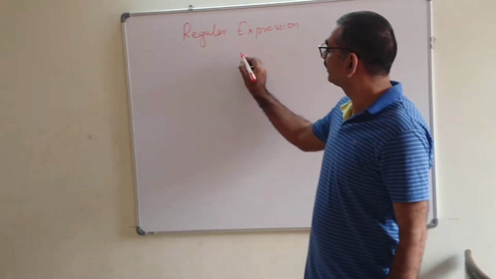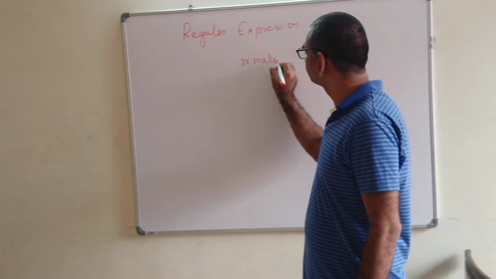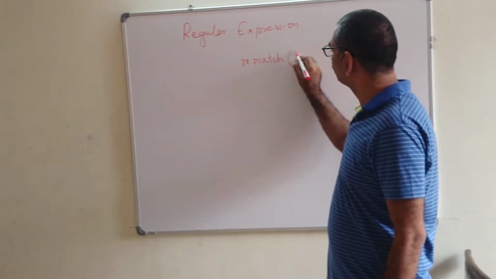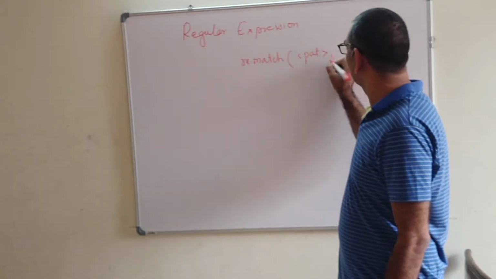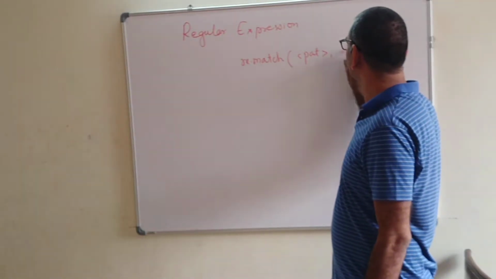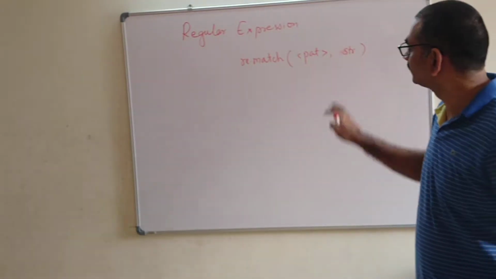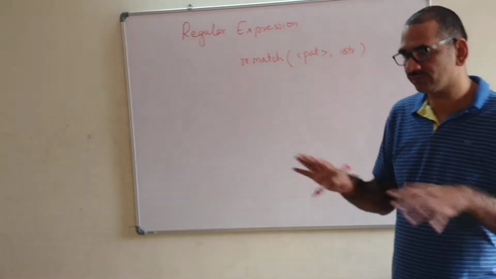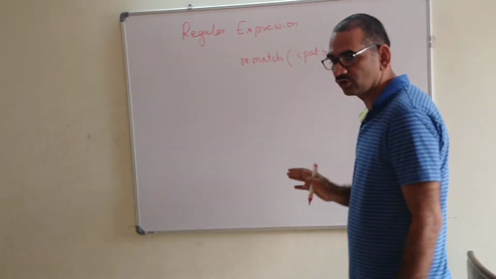The command is re.match, and then you give the pattern here, in Python, and then you give the string in which you want to search this pattern. It will tell you whether the pattern was found in the string or not.